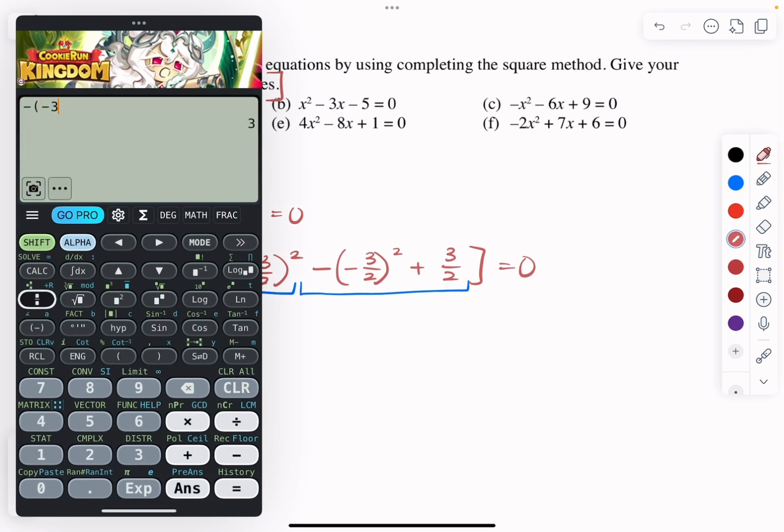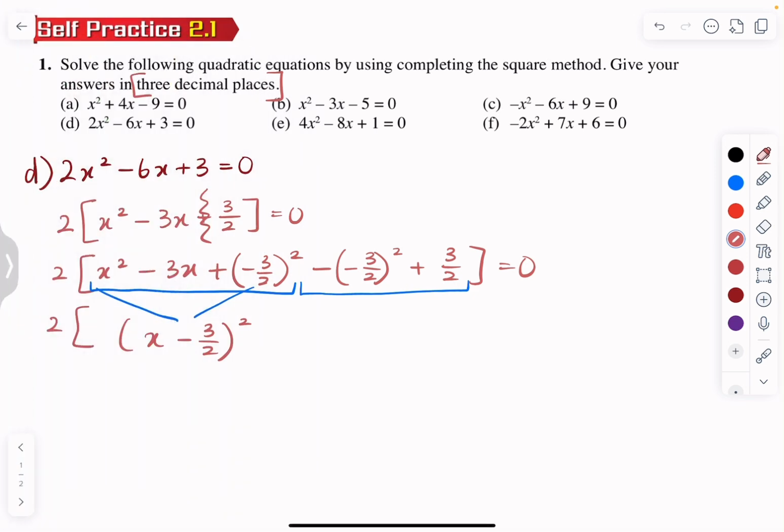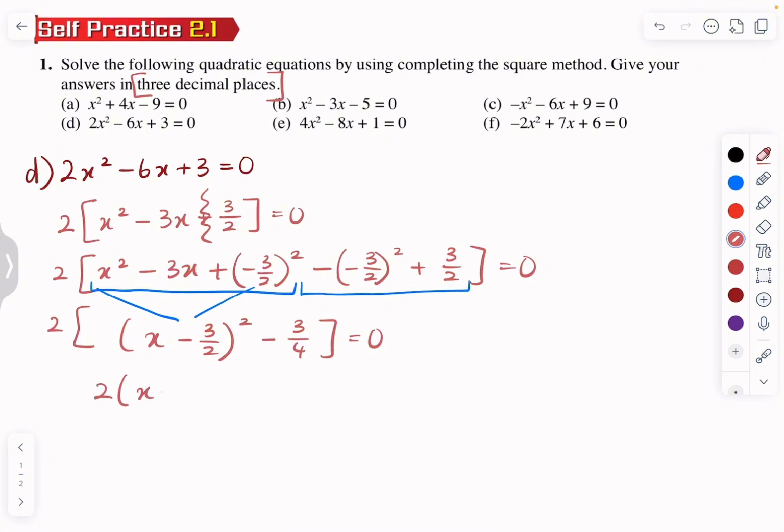Negative 3 over 2 square plus 3 over 2. Negative 3 over 4. Then we multiply the 2 inside. We get 2 x minus 3 over 2 square minus 3 over 2. Okay, these 2, we times this. And then we times that.